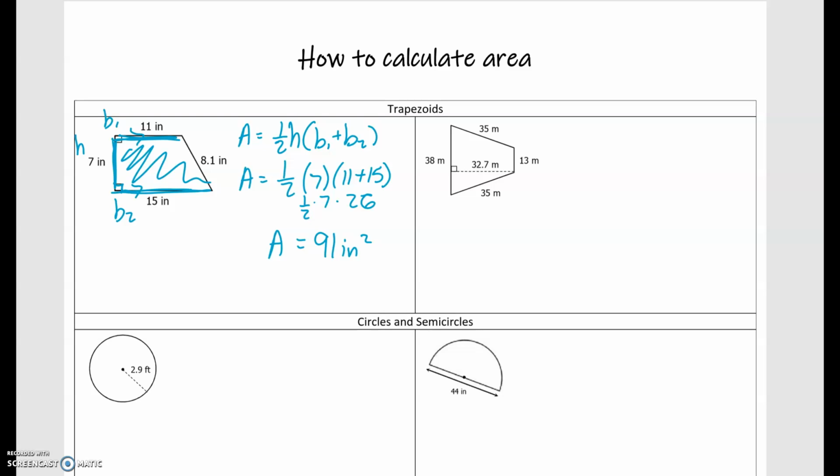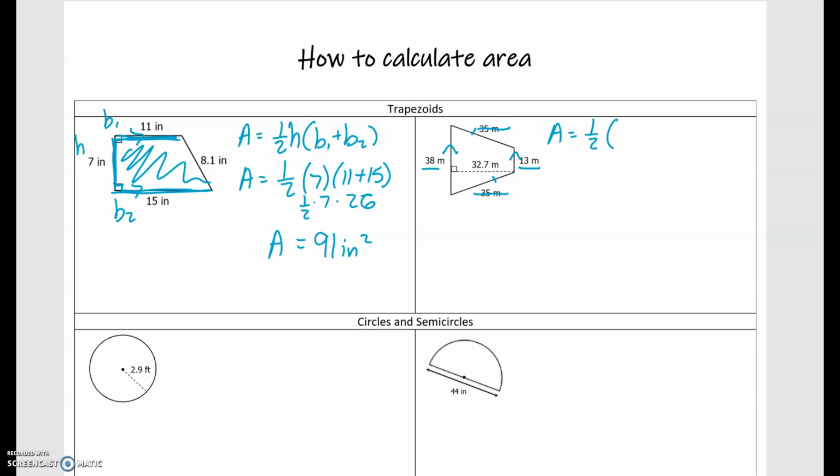Now let's go ahead and take a look at this trapezoid. Extra information. But always look for the bases that are parallel to each other, which is 13 and 38. We do not need those two. This is kind of cool, it's actually an isosceles trapezoid. But anyway, we're looking at the area equals 1/2.